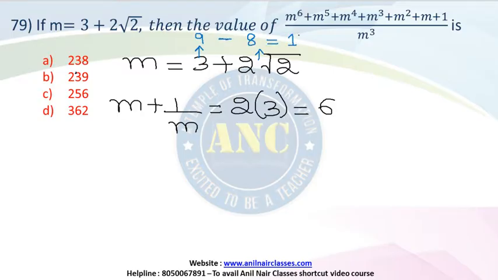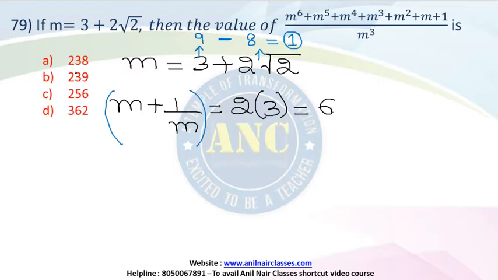Don't forget the previous concepts. Only if root of a square minus root of b square is equal to 1, can you write m plus 1 by m as 2 times the bigger value. Yes, in this question also it is becoming 1. Therefore, I could take it as 6.